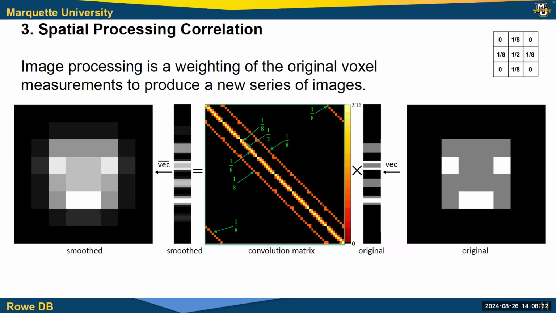Now we're looking at spatial processing. And local averaging in space of our voxels to reduce spatial noise. Then that's going to give us a vector of image data that we can chop into bits and form into a new image. And you can see that this smooth image on the left looks a lot like this original image on the right, but it's been smoothed, and so it's a little blurrier.